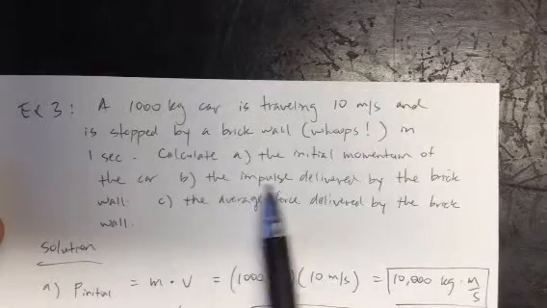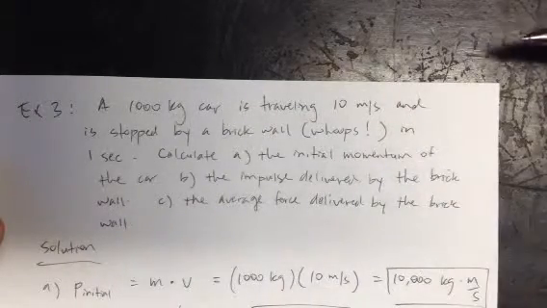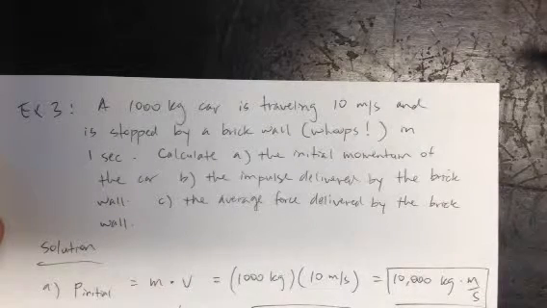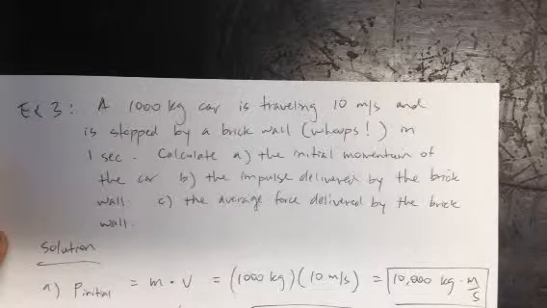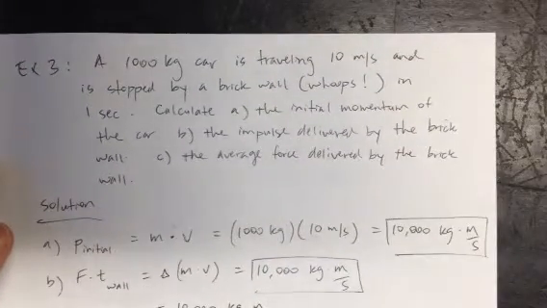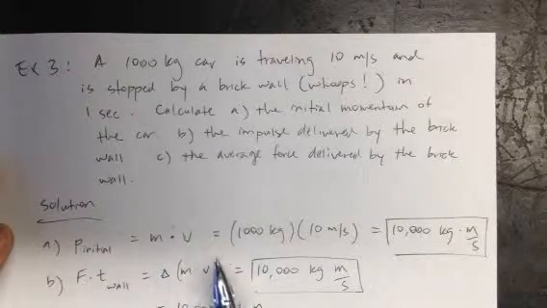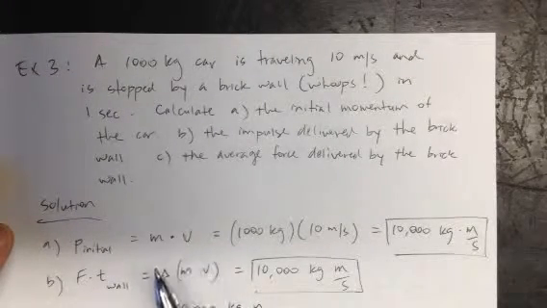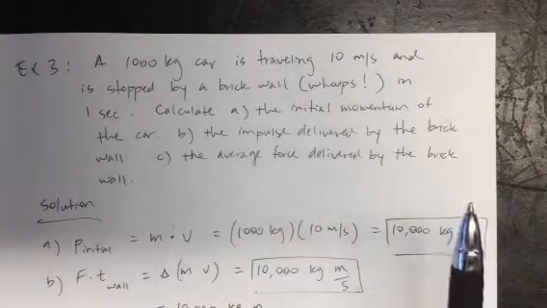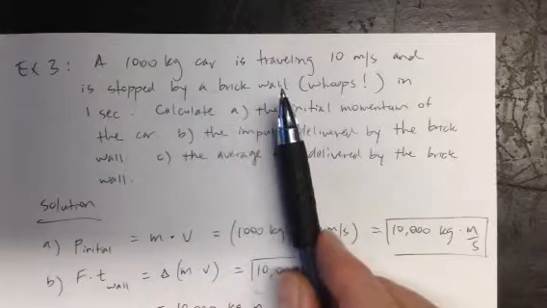Question 2, how much impulse is delivered by the brick wall? How much is that brick wall going to push back and stop the car? Well, we can use the impulse-momentum relationship. We know that the impulse delivered by the wall is equal to the change in momentum of the car. And we know that the car is coming to a stop. It says it's stopped by a brick wall.